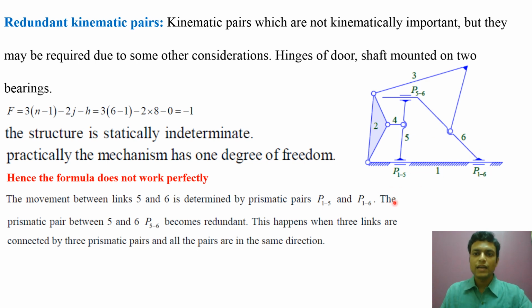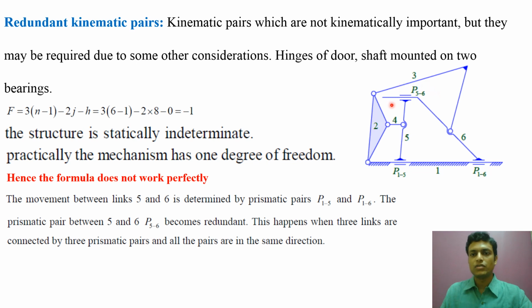And here one extra pair is provided, that is P56, which kinematically becomes unimportant. This has no importance in kinematics, because the motions of 5 and 6 are already restricted by P15 and P16. 6 can move only in the horizontal direction and 5 can move only in the horizontal direction because of these two prismatic pairs. So there is no need to provide this prismatic pair for kinematics.